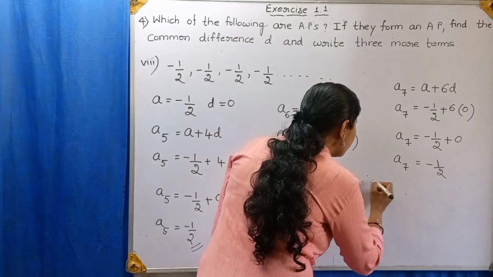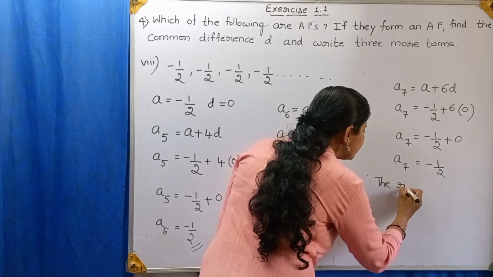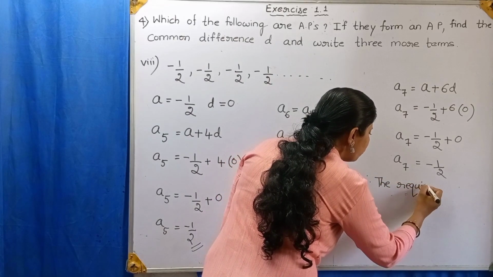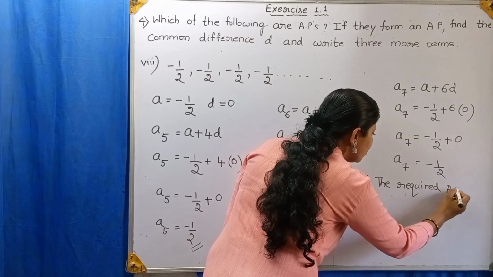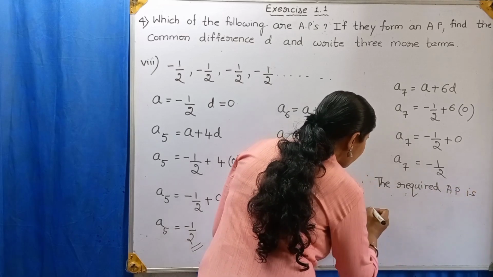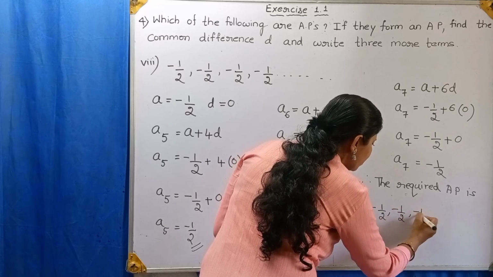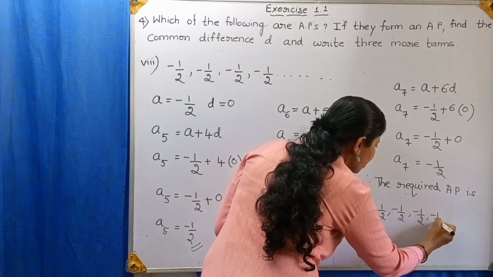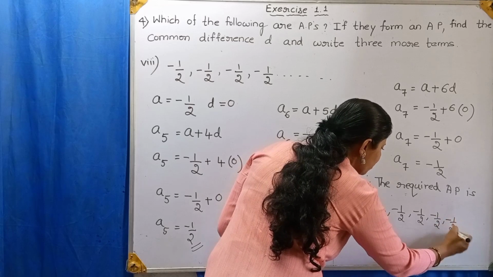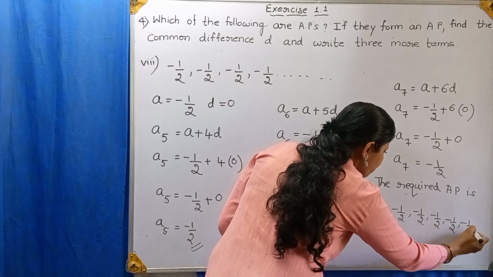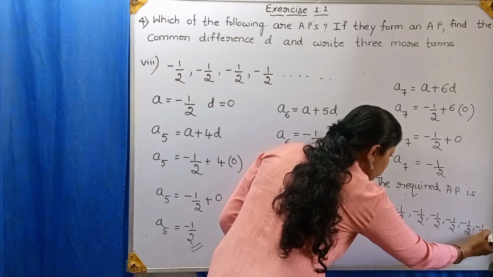Therefore, the required AP is minus 1 by 2, minus 1 by 2, minus 1 by 2, minus 1 by 2, minus 1 by 2, minus 1 by 2, minus 1 by 2 and so on.